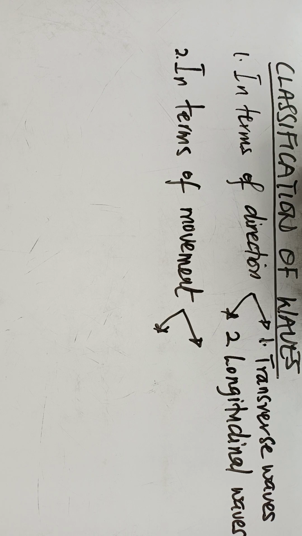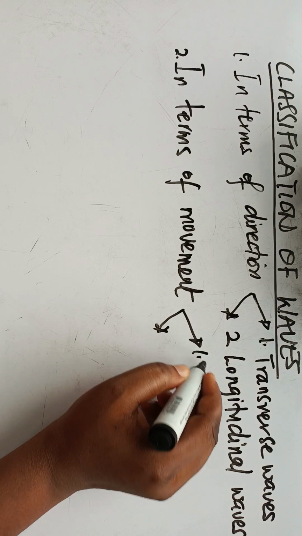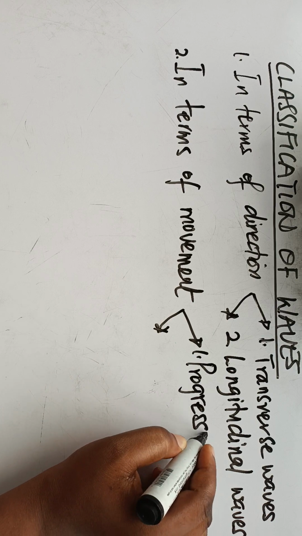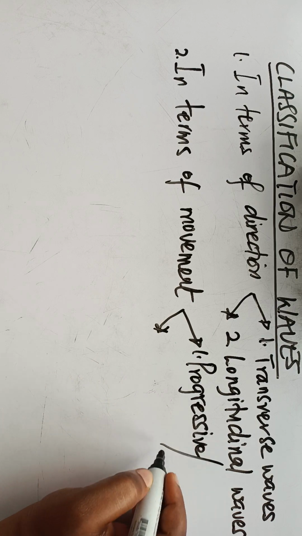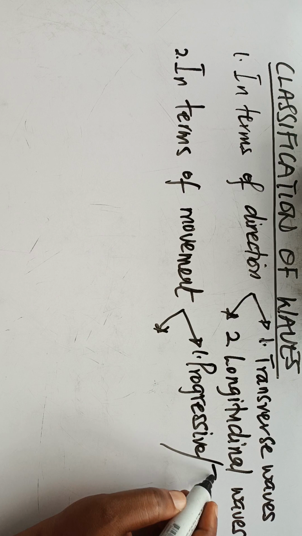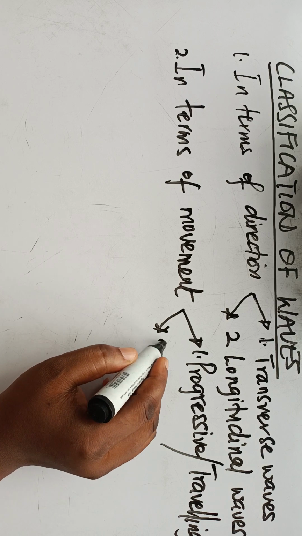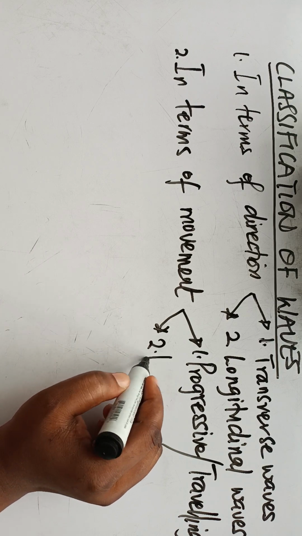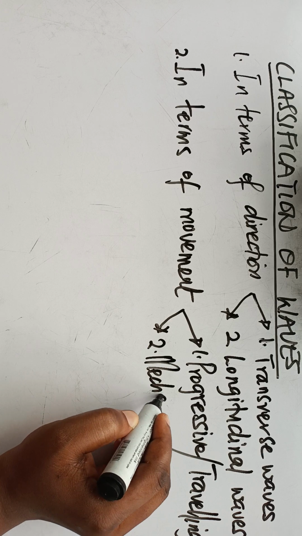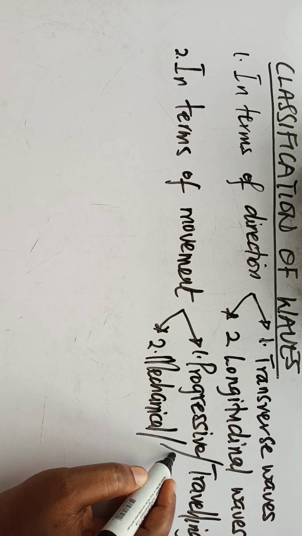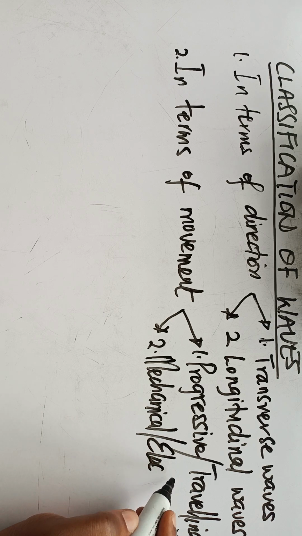So we could also say, in terms of movement, waves can be classified into one, progressive or traveling waves, and two, mechanical or electromagnetic.